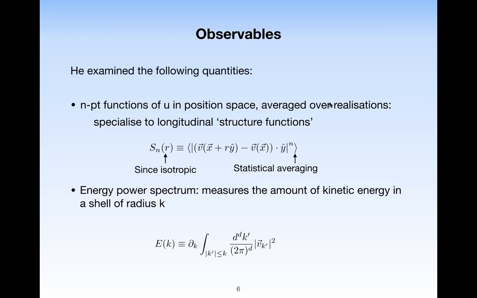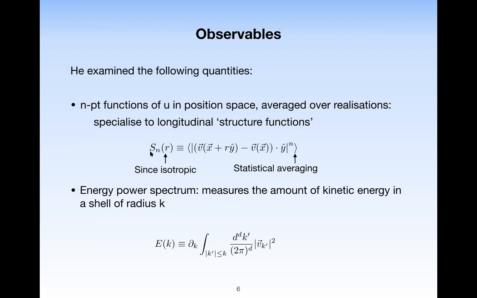But remember that we are working under the isotropy hypothesis, and essentially what this means is that this function here should only depend on the distance between the 2 points involved in the calculation, which I denote by r. Okay, so this was one of the observables that he considered. The other one was the kinetic energy power spectrum.